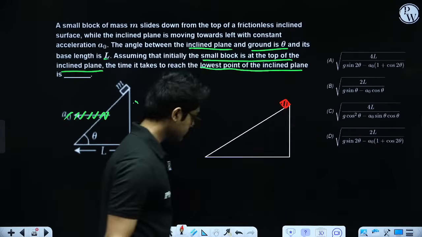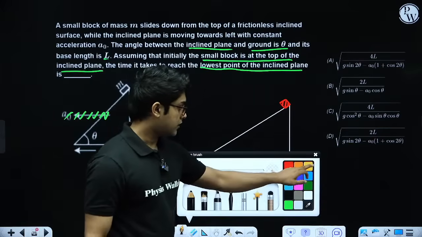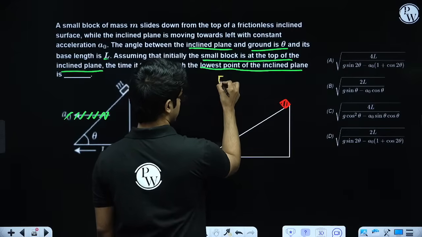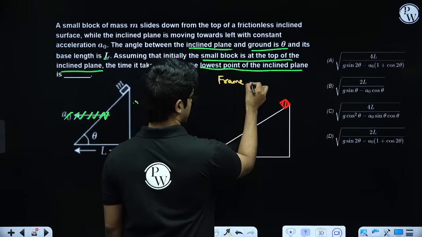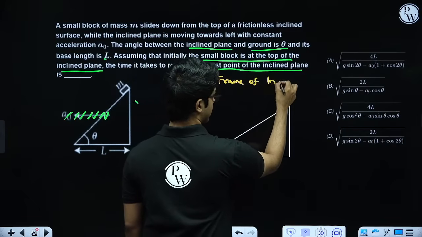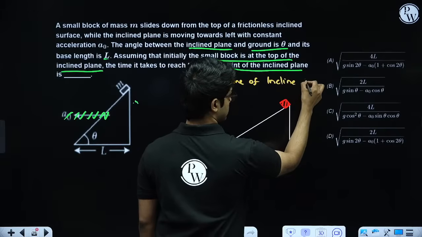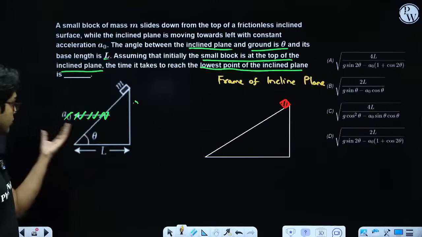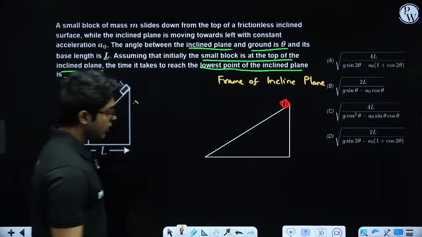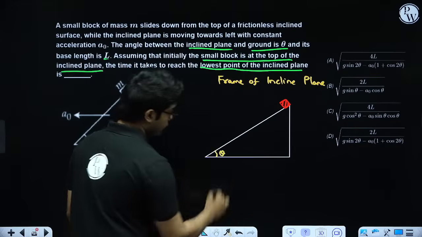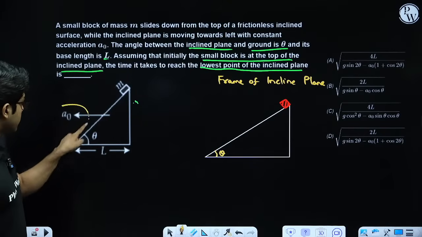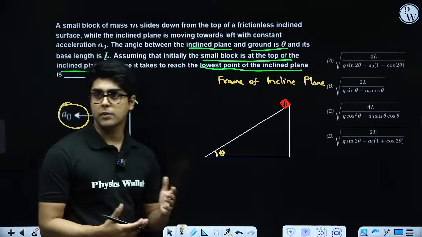Now we are working in the frame of the inclined plane, which was initially moving with acceleration a0. Because the inclined plane was accelerating, we have to apply a pseudo force.